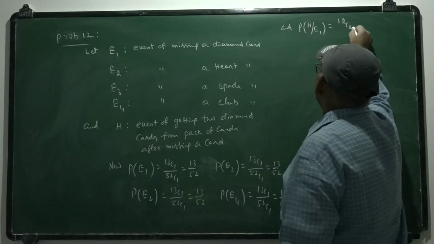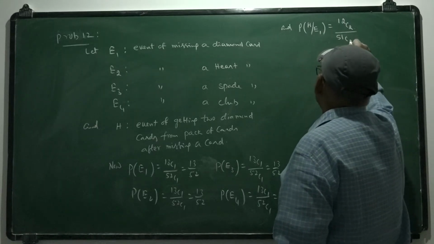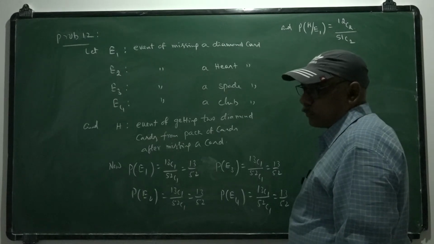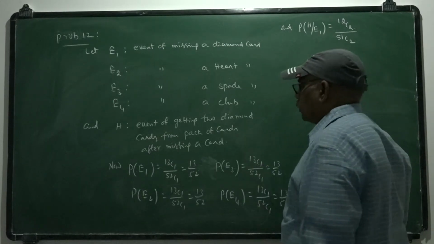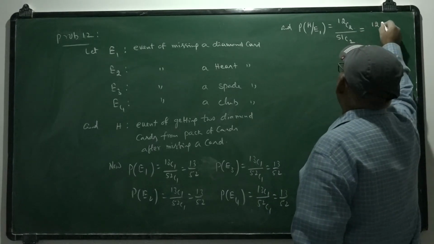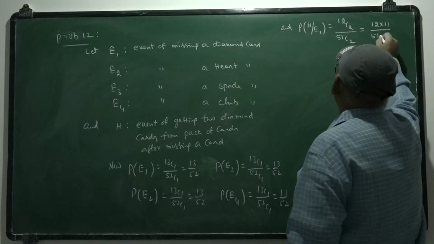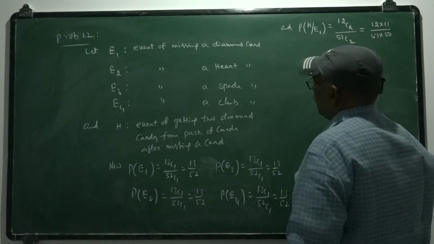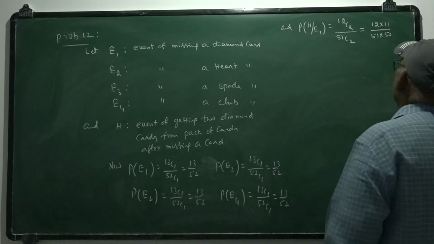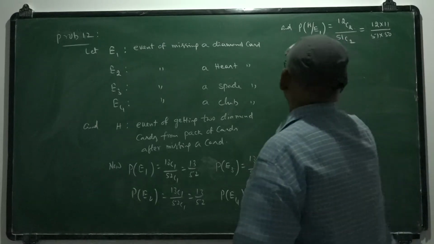Out of 12 diamond cards, 2 are selected in 12C2, and 1 card is missed, so the remaining total cards are 51. Out of 51, 2 cards are drawn, hence 51C2. That is 12 into 11 by 2 factorial, and the 2 may be removed in the denominator, hence 12 into 11 by 51 into 50.